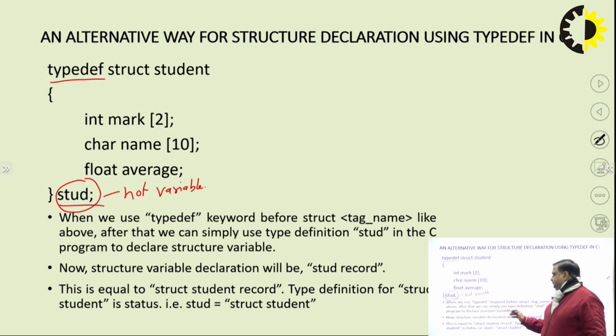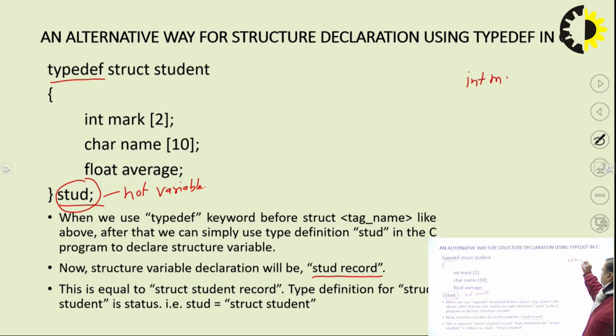So the variable declaration will be like stud record. In int main, we can directly create stud record, rather than writing struct student record.